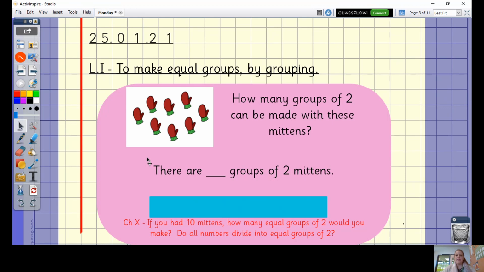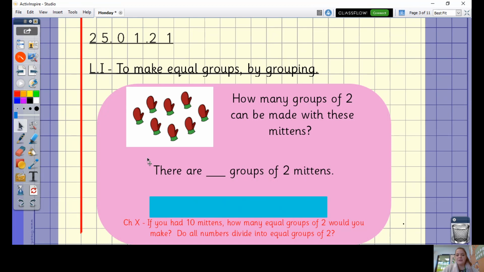Then have a go at putting them in groups of 2. So we have 2, 2, 2, 2. Remember, we don't know how many groups of 2 we have yet. Put them all into groups of 2, and then try to count how many groups there are after. How many groups of 2 do you have?